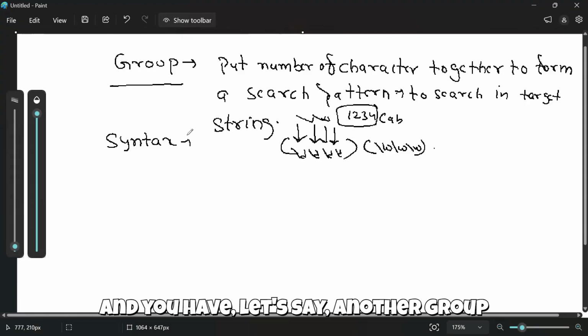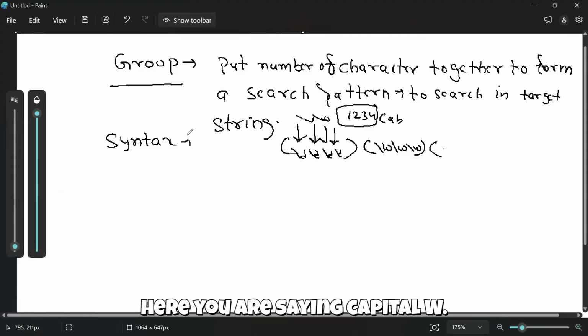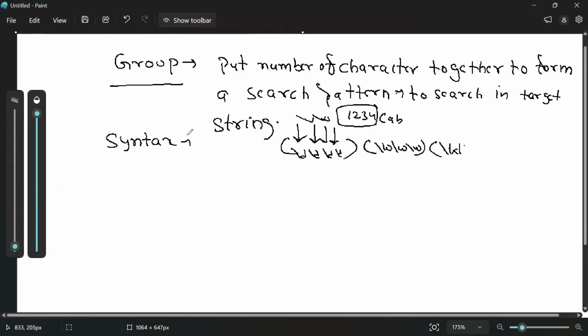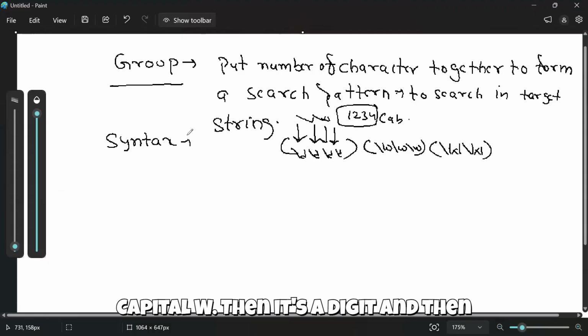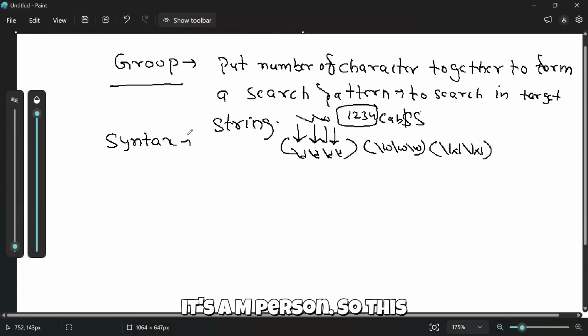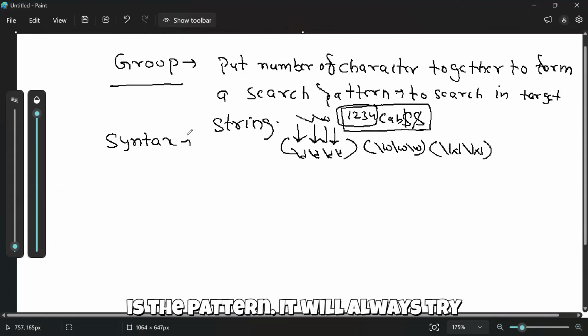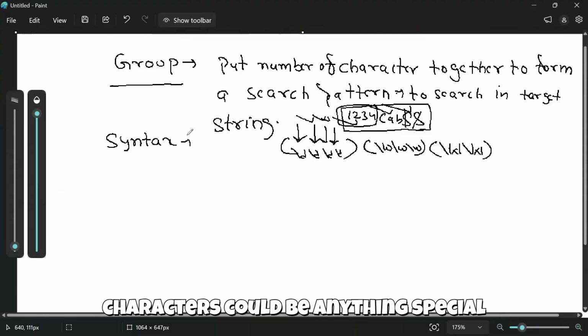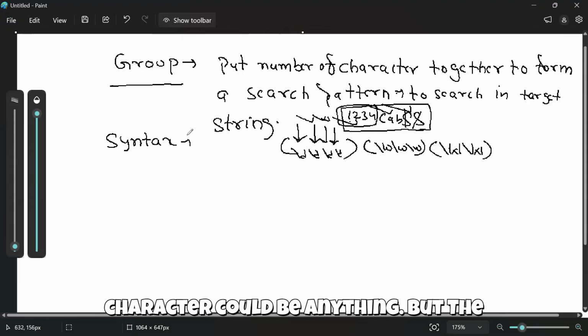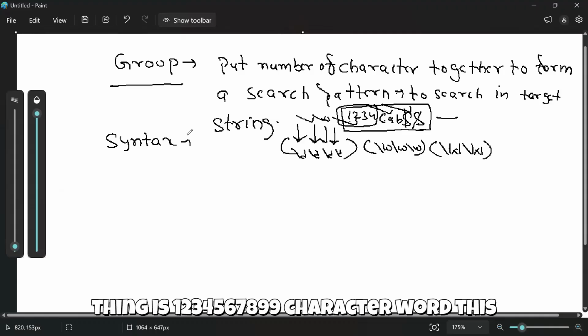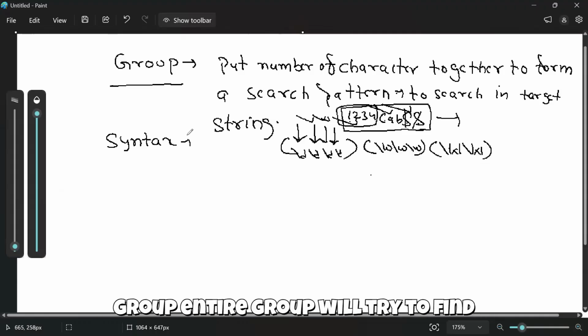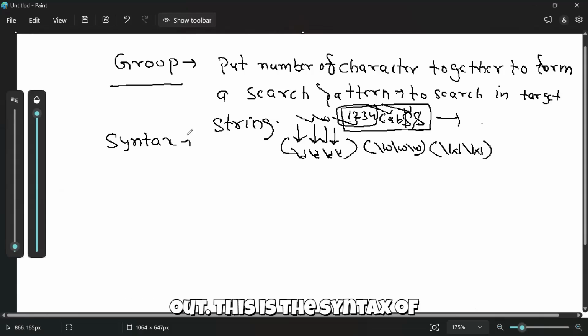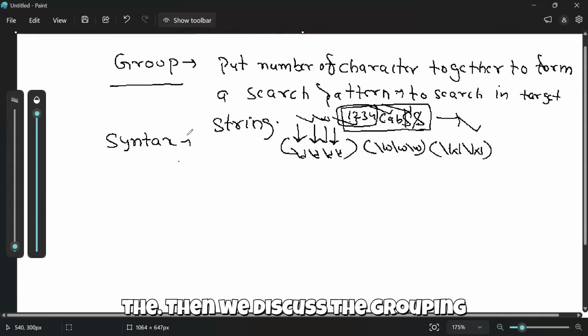And you have another group here, capital W, capital W, then a digit, and then an ampersand. So this is the pattern it will always try to search. The number could be anything, characters could be anything, special characters could be anything, but the thing is it will find a 9-character word, the entire group. This is the syntax of the group.